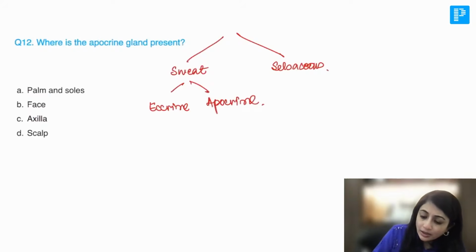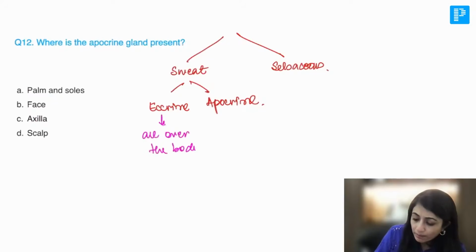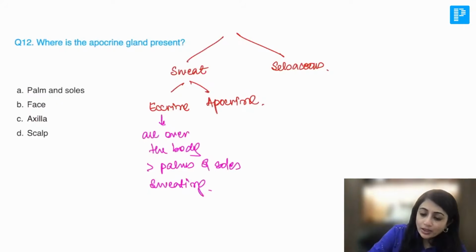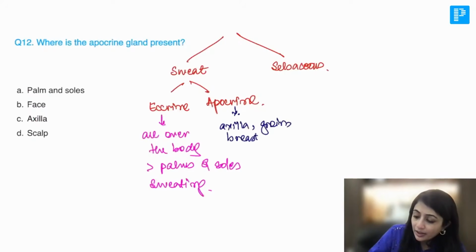The eccrine gland is present all over the body and is more on palms and soles. This is the gland which is responsible for sweating. Apocrine glands, on the other hand, is present in axilla, groin, breast, and umbilical area. And this is responsible for body odor.